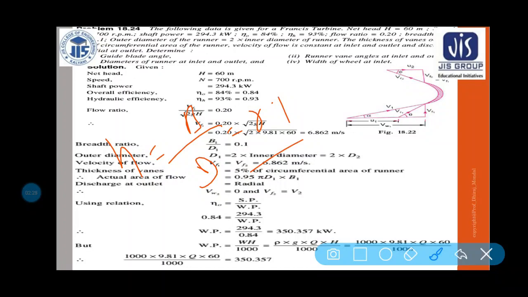Outer diameter of the runner is 2 into inner diameter. So outer diameter is equal to 2 into inner diameter of the runner. The thickness of vanes occupies 5% of the circumferential area of the runner. So this thickness is also given.